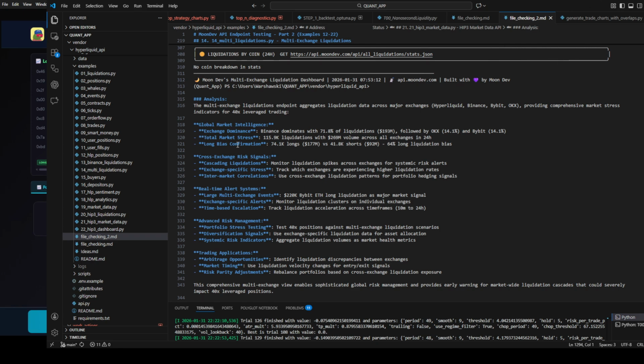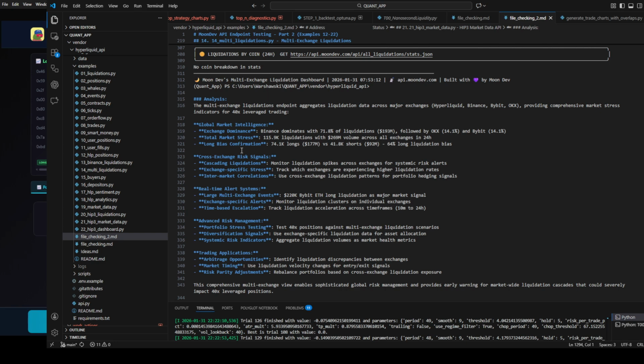Global market intelligence, exchange dominance: Binance dominates with 72% of liquidations, followed by OKX and Bybit. Total market stress: 115.9k liquidations with 269 million volume across all exchanges in 24 hours.